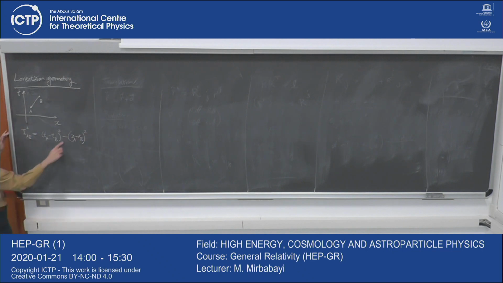Notice there is a minus sign here. I could put a factor of c squared here, the speed of light, which I set to 1 everywhere, so I don't write it.